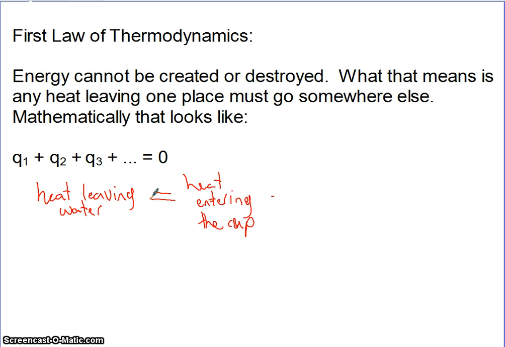The other problem with doing it this way is that technically the heat leaving the water would have a negative sign, and the heat entering the cup would have a positive sign. So basically you'd have a negative number equaling a positive number. And of course you can solve it and put negatives in there to fix that. But for this class, we're going to say they add up to be 0, because one must be positive, the heat leaving the water is going to be negative, and the heat entering the cup would be positive in this situation.